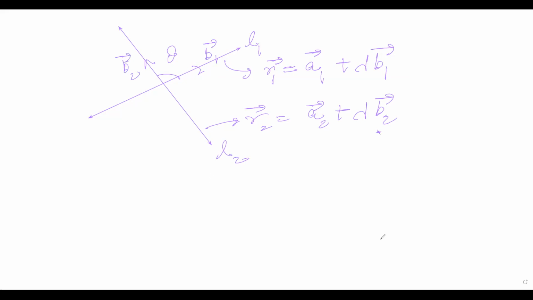So cos theta would be equal to B1 dot B2 divided by mod of B1 into mod of B2.